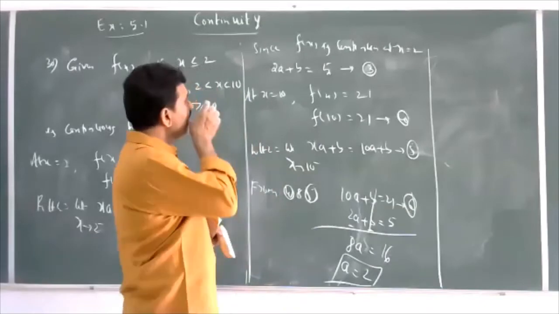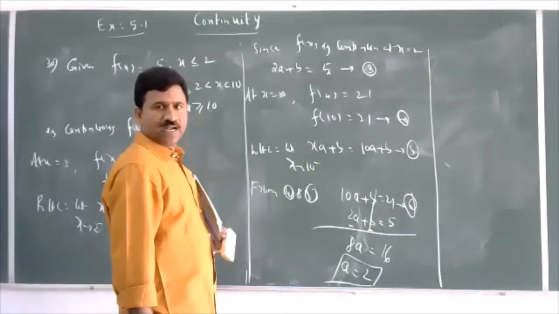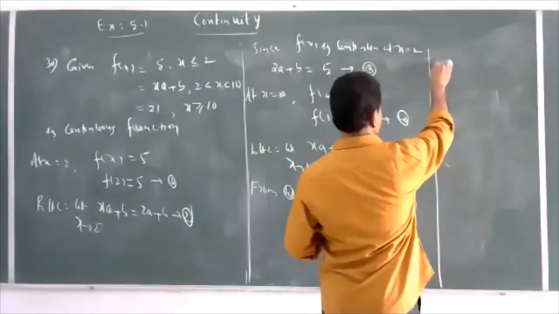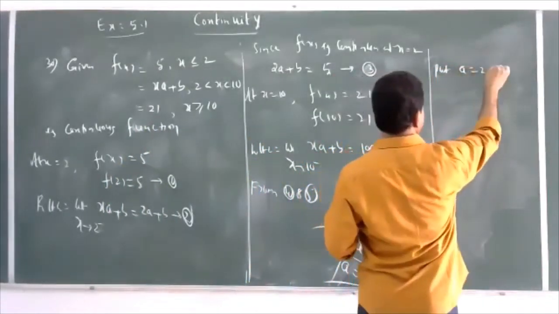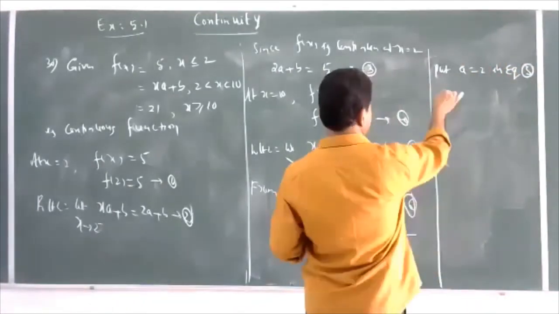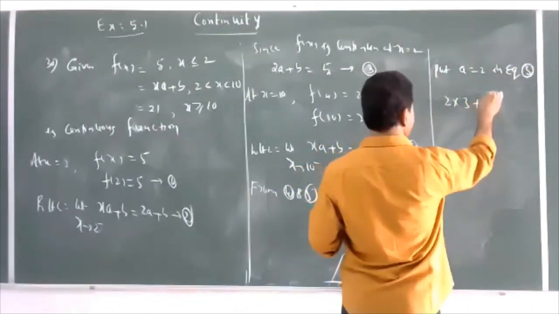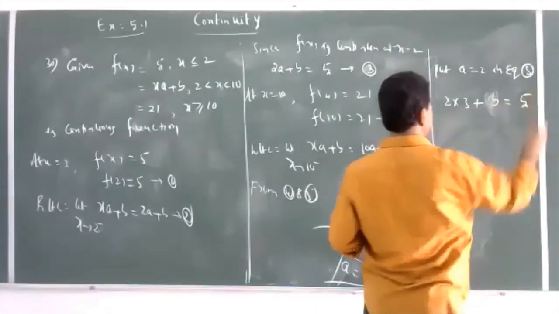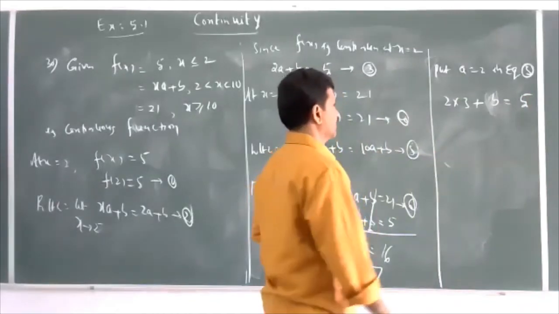Put a value 2 in equation 3, we'll get the b value. So 2 into 2 plus b is equal to 5. 2 into 2, 4.